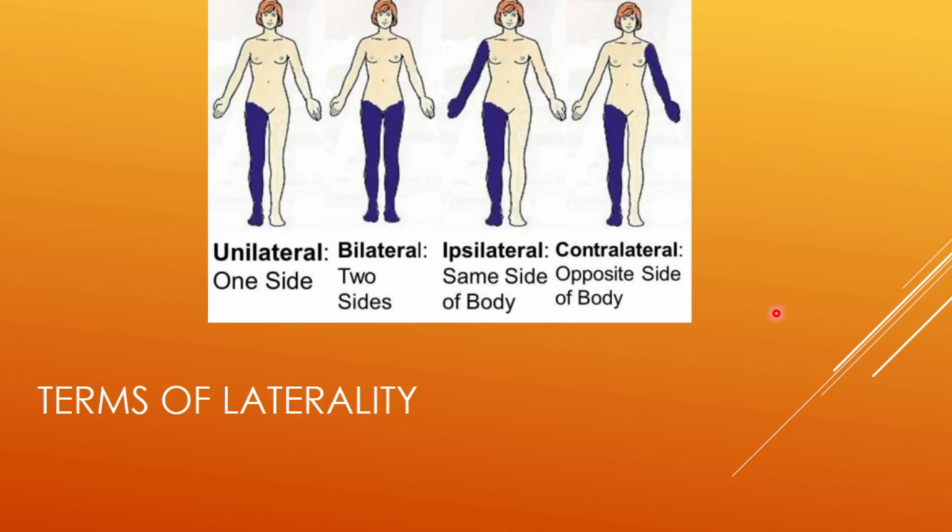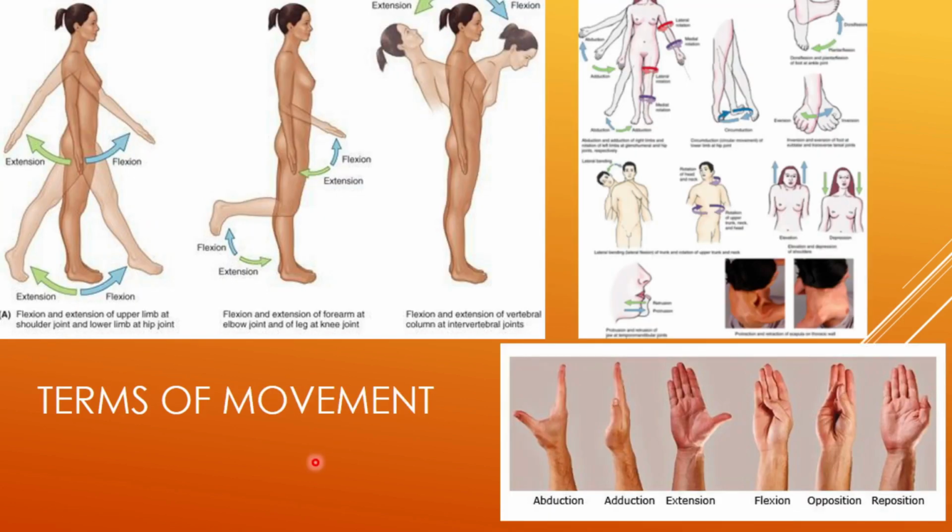So, for example, the person on our image here has a highlighted upper limb on the right hand side, and the ipsilateral lower limb is also highlighted. Contralateral, on the other hand, is the complete opposite. So this time we have a highlighted left upper limb, and it's the contralateral lower limb that is highlighted on this image. So those are terms of laterality.